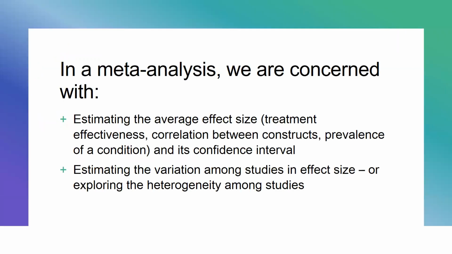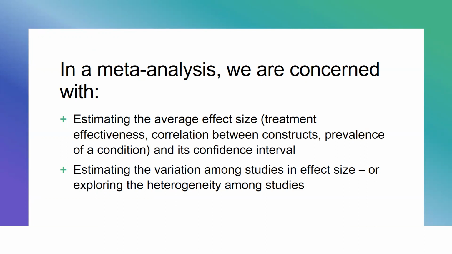So in a meta-analysis, we're going to be concerned with two major questions. And these are also questions we might be concerned with whenever we use statistical analysis. So the first is estimating the average effect size. What is the average treatment effectiveness across a set of studies?